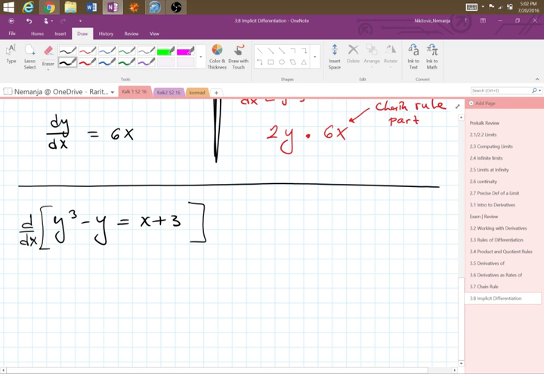The rule from derivatives, which says that you can take derivatives term by term, still holds, which means that you will be taking 4 separate derivatives there, preserving the signs as they are, including equal. So what would be the derivative of y cubed? 3y squared. Now, we have to multiply that by the chain rule piece, dy/dx, because we were taking the derivative of y in respect to x.